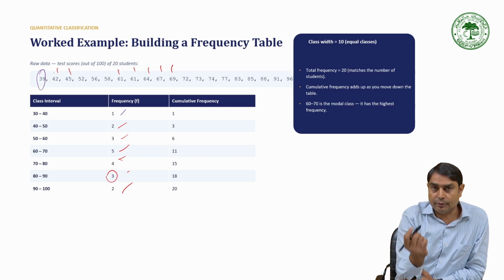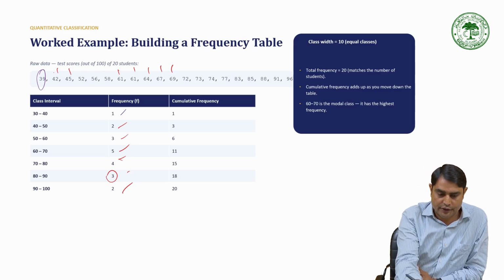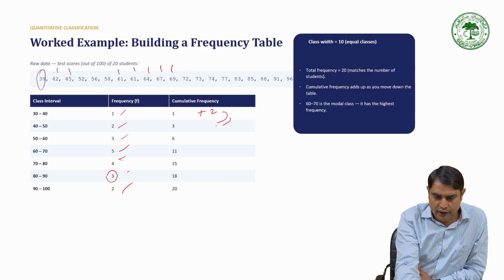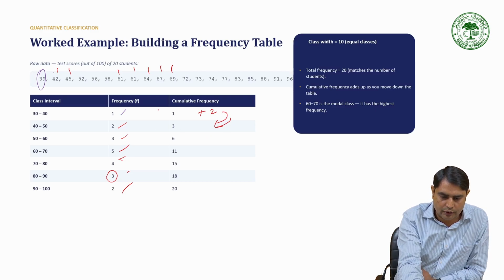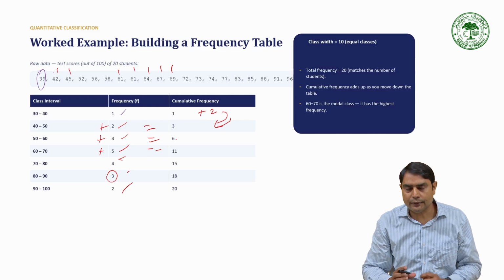And if I want to take the cumulative frequency, then I just need to add up the frequencies. So 1 plus 2 is equal to 3, then 3 plus 3. So this plus this is equal to this, then this plus this is equal to this, and so forth. So how can I use the cumulative frequency?